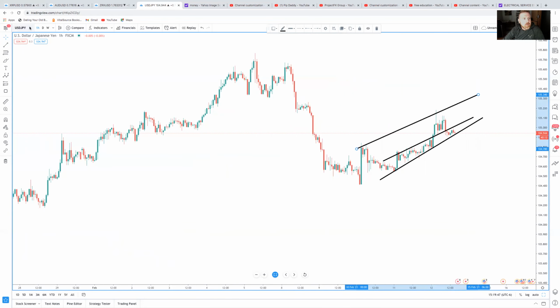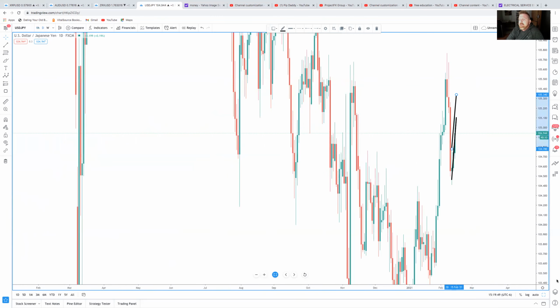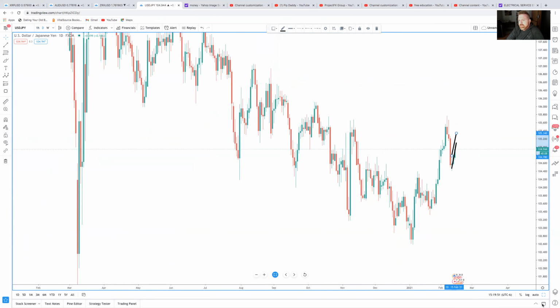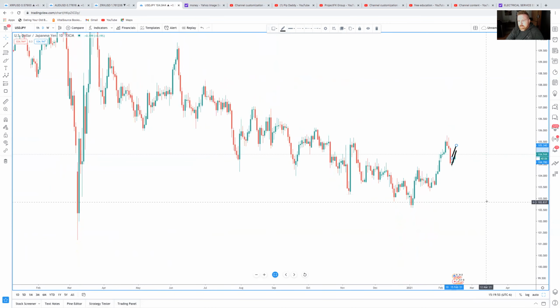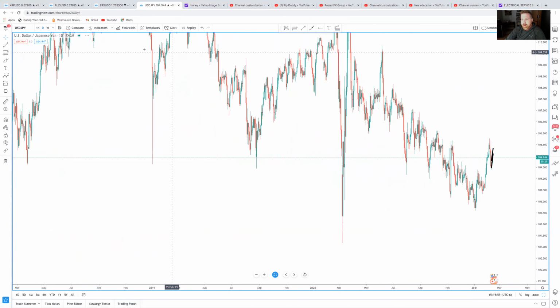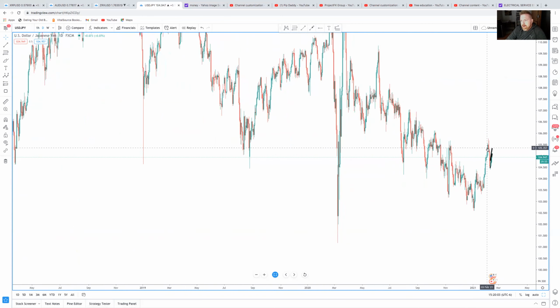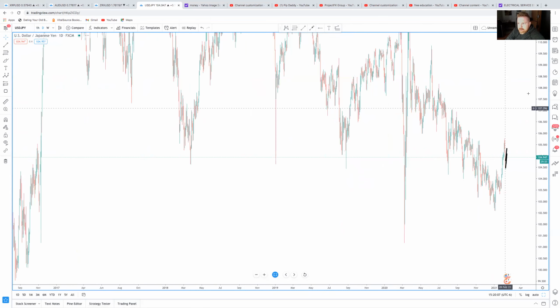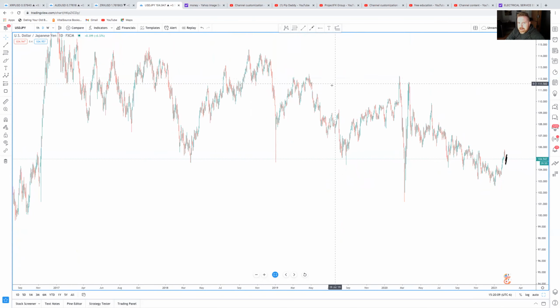We're on the hourly. If we went to the daily, you can see that's just a little uptrend within an overall downtrend. So price could easily pull way back down here. But the safer trades are always going to be near your big resistance and your big support levels.